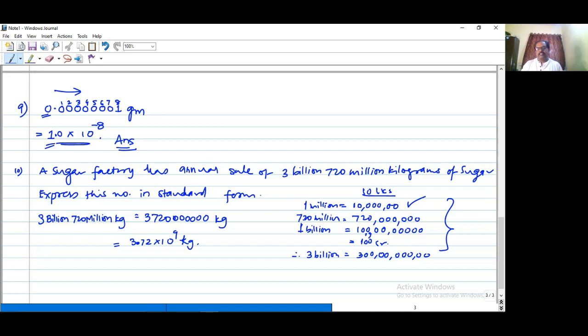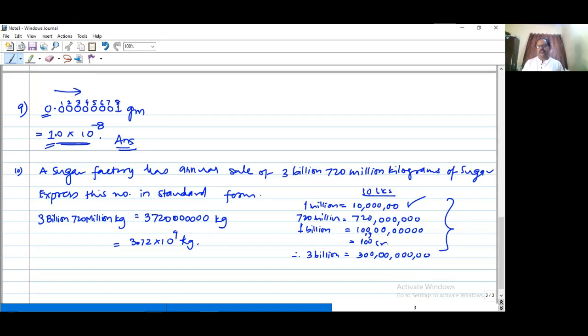Then we can write 720 million in this way: 720, and again we add 6 zeros to that 720. That gives us 720 million, right? And then we must know how much 1 billion is. 1 billion is nothing but 100 crore. So 100 crore means how many zeros will be there?